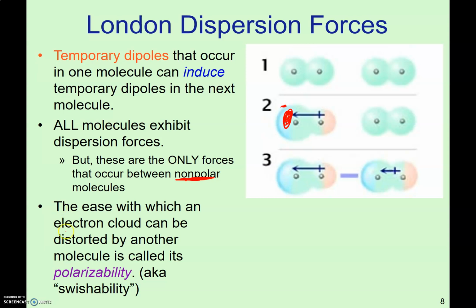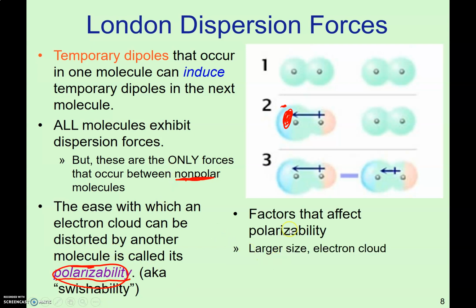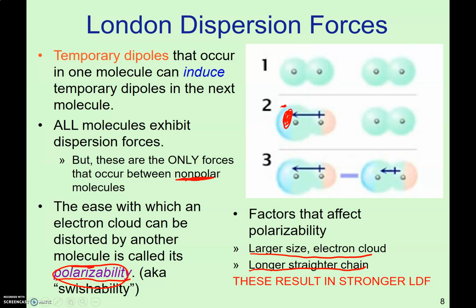This sentence here is important. The ease with which the electron cloud can be distorted by another is called polarizability, and some nonpolar molecules are more polarizable than others. The larger the size of the atom, the larger the electron cloud, and the longer and straighter the chain, the stronger the London dispersion forces.